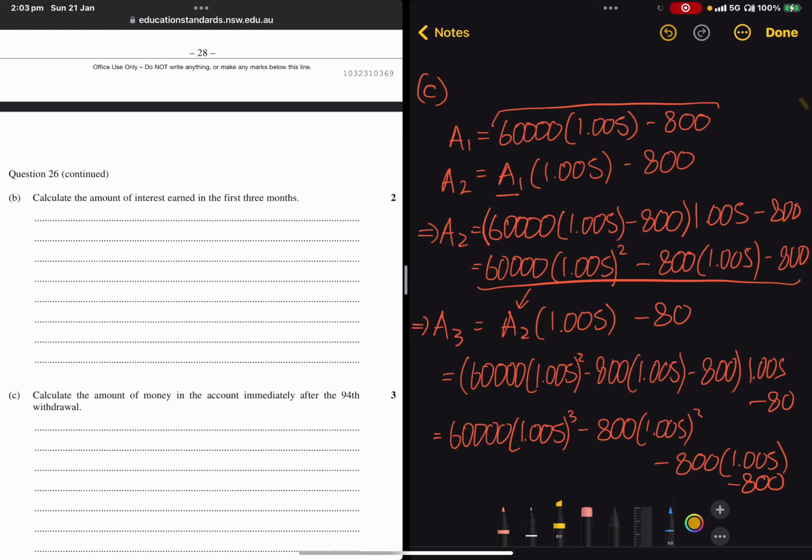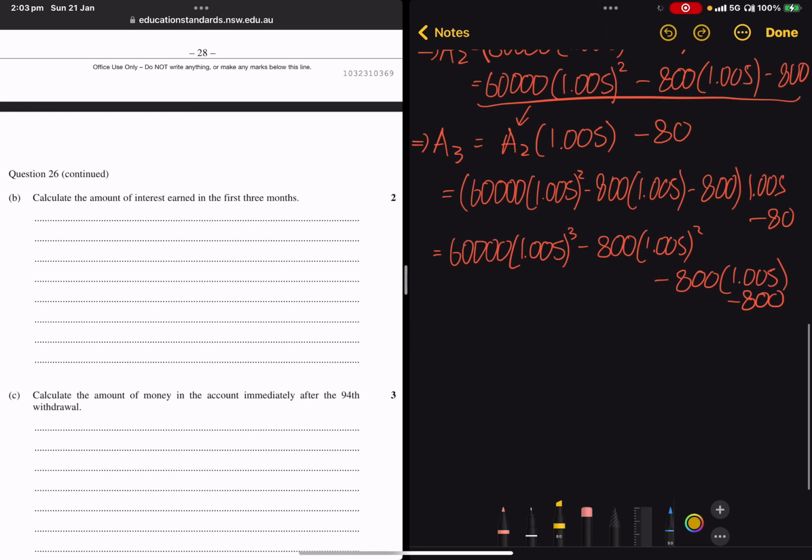After the second month, we had the initial amount times 1.005 to the power of 2, and then minus 800 times 1.005 to the 1, and 800. After the third, we had 60,000 times 1.005 to the 3, then 800 times 1.005 squared, 1.005, and 800. So you can see a consistent pattern forming here.